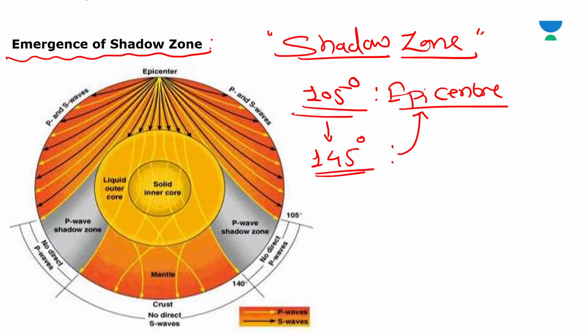The shadow zone of S waves is not only larger in extent, but it is also a little over 40% of the Earth's surface. So we can draw the shadow zone for any earthquake, provided we know the location of the epicenter.